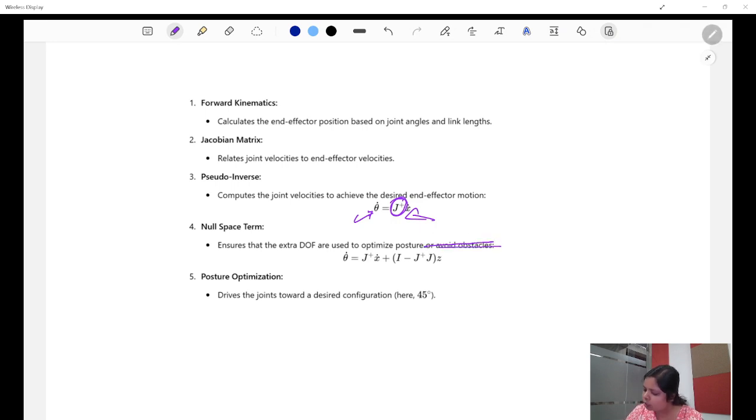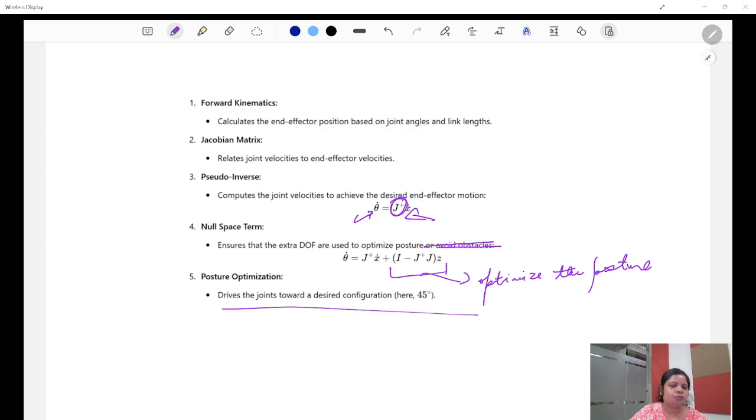Remove this for now. So it is just being used to optimize posture. This is the extra term you have, and it will be used to optimize the posture. And then for posture optimization, we drive the joints towards a desired configuration. Here it is 45 degrees.